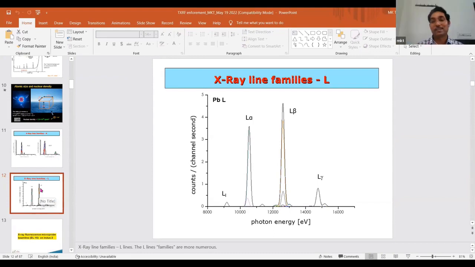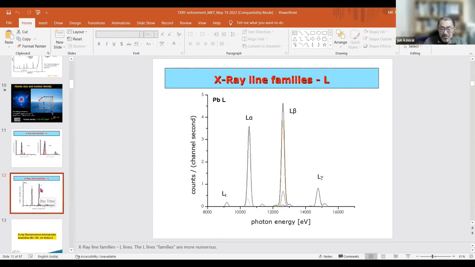The L beta is stronger than L alpha. This kind of thing sometimes happens because of the particle size effect or self-absorption effect, or sometimes the iron K alpha sum peak overlaps the L beta or something like that.